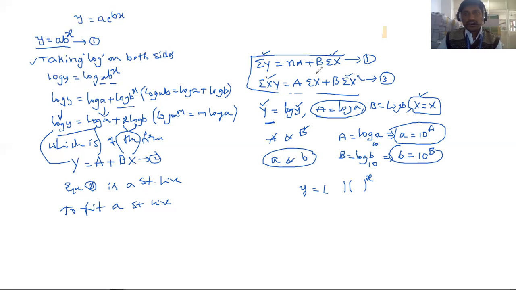So small a is 10 power A and small b is 10 power B. Finally, by substituting those values in the given curve, we get the required curve of best fit. Okay, so this is the way we need to solve.